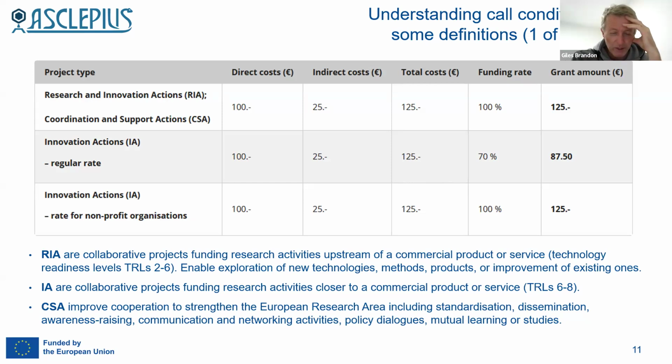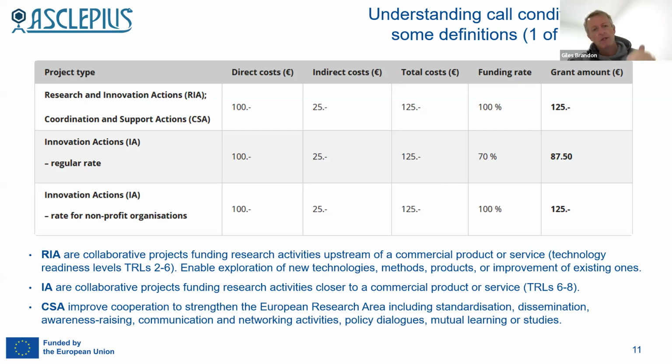They don't normally directly fund research, it's more activities surrounding research. So it would be things like standardization, dissemination, awareness raising, communication, networking activities, policy dialogues, mutual learning, or studies. The ASCLEPIUS project, in fact, is an example of a CSA.